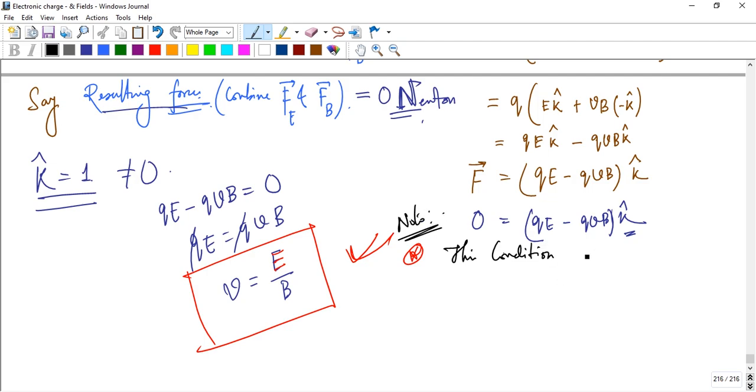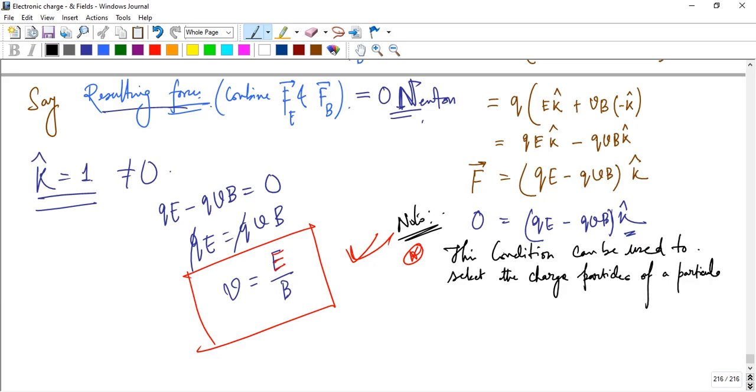This condition can be used to select a charged particle of a particular velocity out of a beam containing charges moving with different speeds.